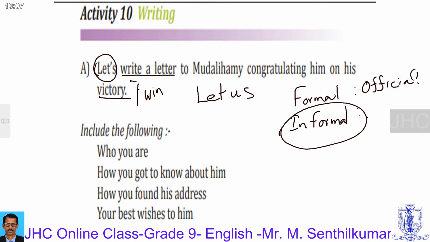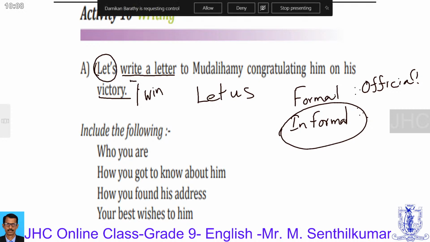is called formal. For example, if you want to write a letter to the principal, would you write, hello sir, how are you? How did you spend the time after 4 months? Can you ask them like that? No, it's wrong. You can't write like that because it's an official purpose. Sir, right? Put a subject, the summary of the letter. Then, sir, this is to bring to your kind notice that I am studying that and that.